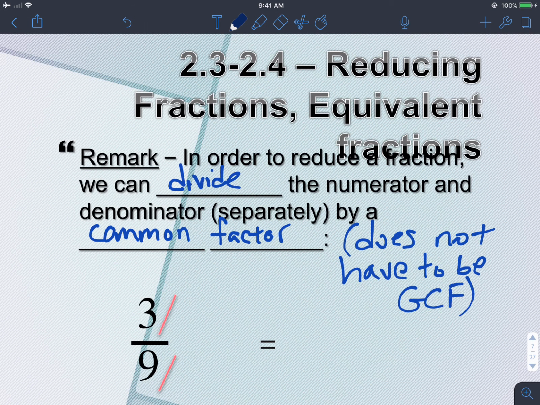My suggestion to you guys would be to start small, because you can always just divide by 2 multiple times, and that'll eventually get you to the answer. Here, we saw before that 3 goes into both of these. 3 is a common factor, so this thing is 1/3.